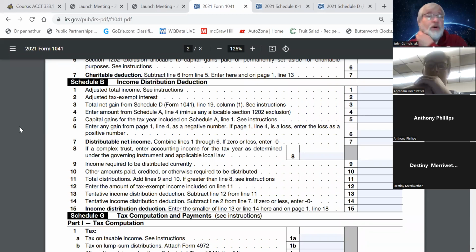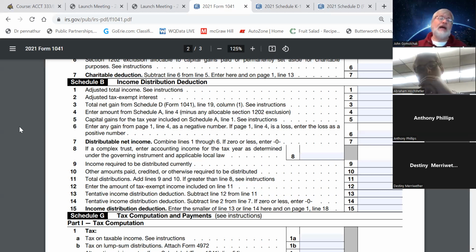Now, if part of what we're actually paying out to the beneficiary is tax exempt income, we're not going to get a deduction for it. And that makes perfect sense because we're not showing it on page 1, so we're not going to pay tax on the tax-free interest. If we end up distributing the tax-free interest to the beneficiary, we shouldn't get a deduction. So we shouldn't get a deduction against taxable income for distributing non-taxable income.